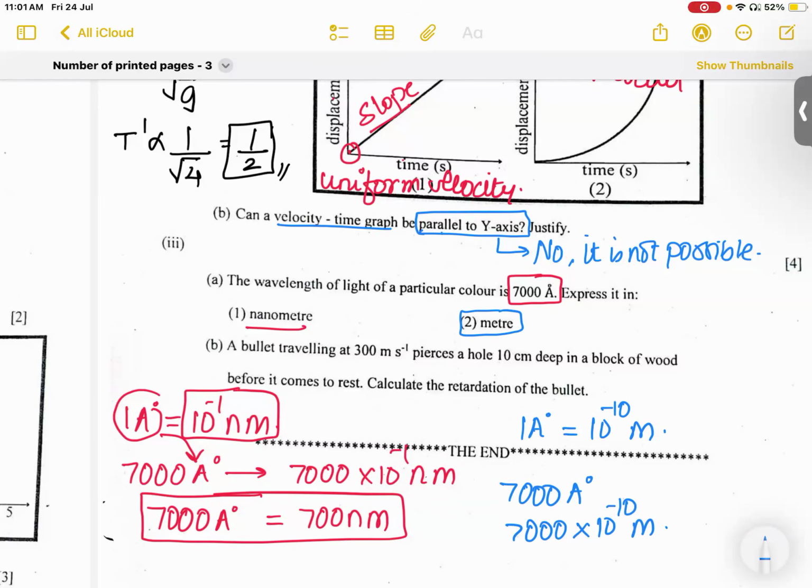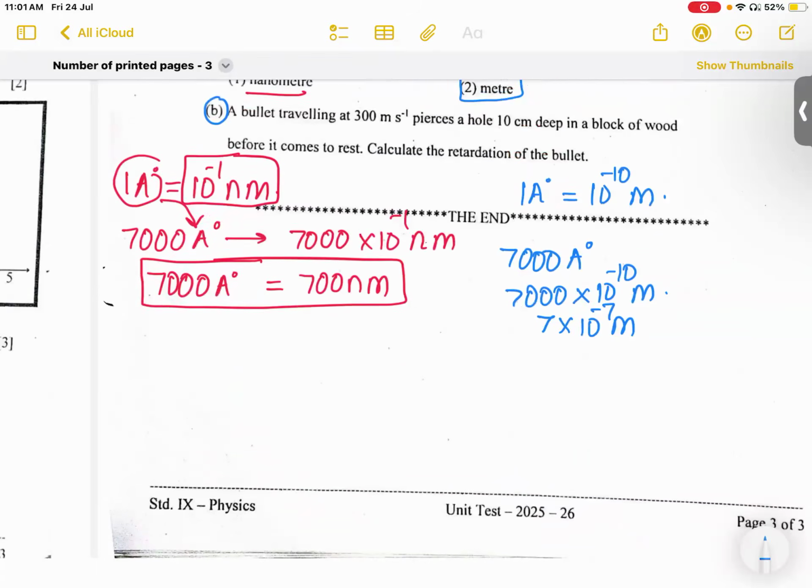If you want, you can vanish off the zeros. So I will get 7 into 10 raised to minus 7 meter, or if you want, you can write it as 0.7 into 10 raised to minus 6. Okay, got it, guys? Chalo, let's take the next question.